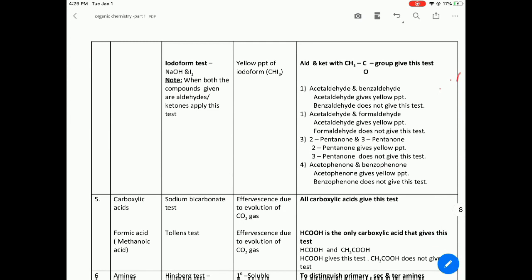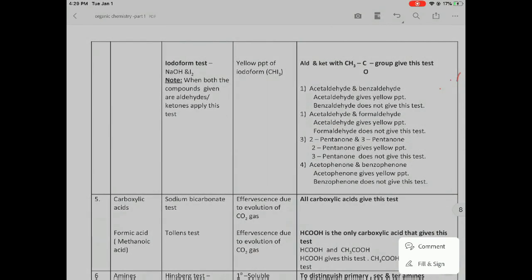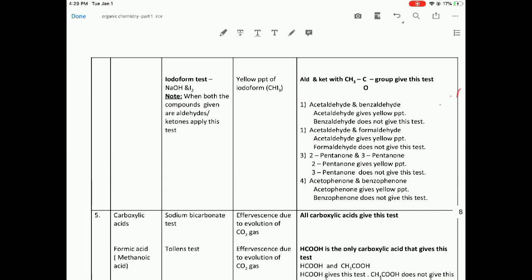Another test that we could use for aldehydes, especially the compounds which have the CH3CO group, is the iodoform test. When an organic compound is heated with NaOH and I2, appearance of a yellow precipitate indicates the presence of the CH3CO group. The compounds that could be distinguished from this are, let's say, acetaldehyde and benzaldehyde. Acetaldehyde will give a yellow precipitate.